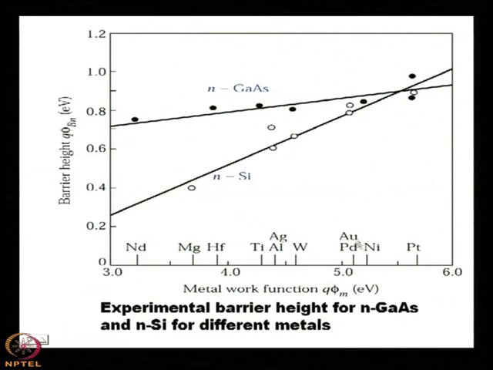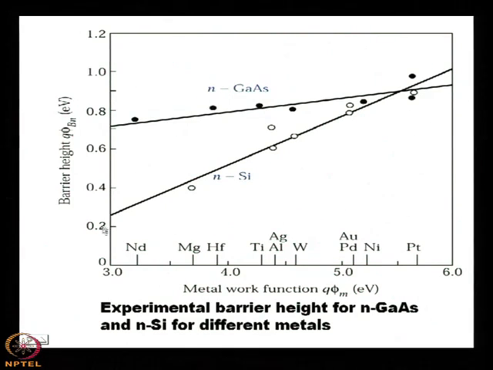Similarly, if you use gold or palladium, the barrier height is also almost the same, and if you compare the values between these two groups, you will find that the values do not differ widely. There is no wide variation of the values so far as gallium arsenide is concerned. Why does this happen for gallium arsenide? Why is this not found in case of N type silicon?